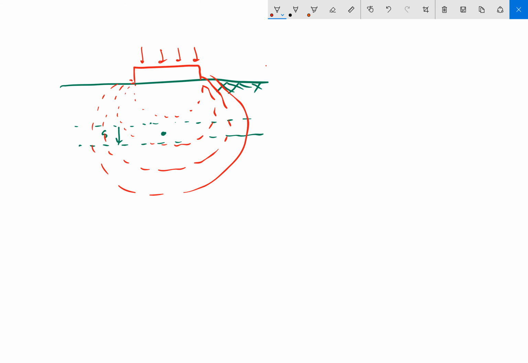And so the point is that at whatever point this is, it's going to have a different stress than, say, right there, than, say, maybe this point in the soil, just at a different location that maybe isn't beneath the footprint of our load anymore. And it may be different than this point over here.